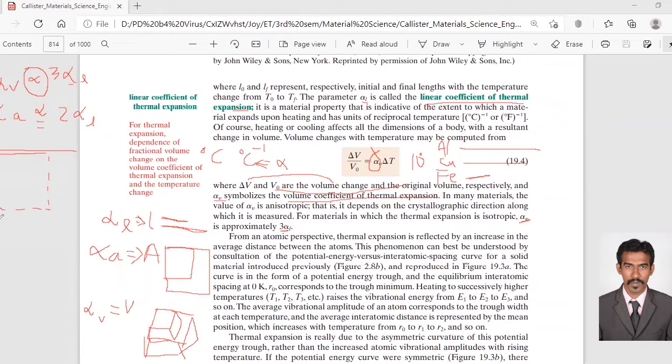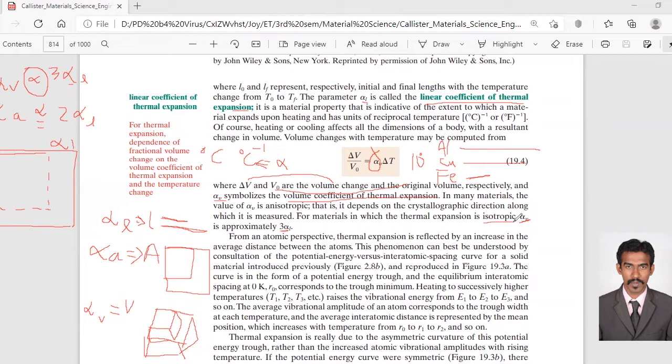So here an alpha L is occurring this way, and an alpha L this way, so we have 2 alpha L. That's why alpha A can be stated as 2 into alpha L. The only condition is that it should be isotropic, which means a kind of uniformity in expansion.